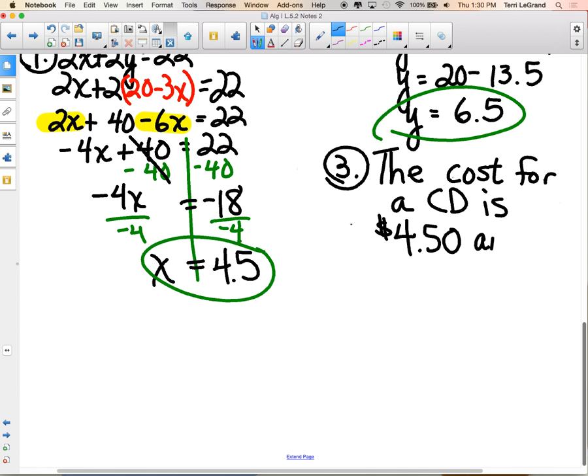And for a DVD is $6.50, because our Y value represented the cost of a used DVD. That's how we write our final answer for the word problem.